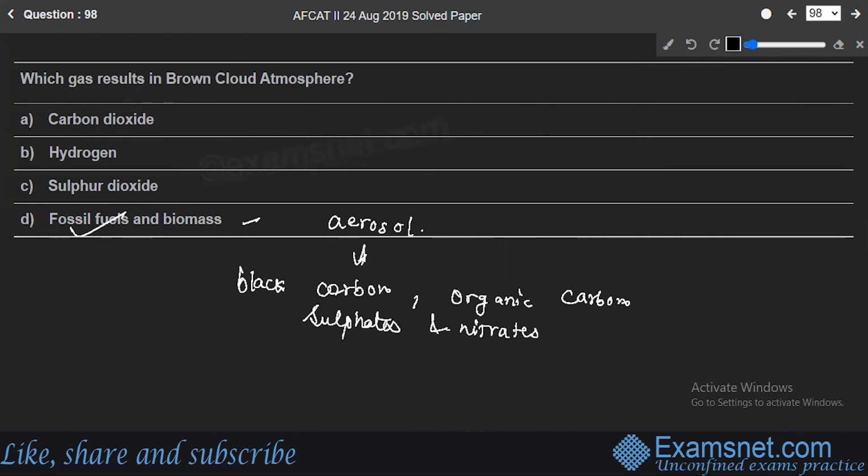They scatter solar radiation back to space. Black carbon absorbs solar radiation, resulting in solar heating of the atmosphere. So this option D is the answer to the question.